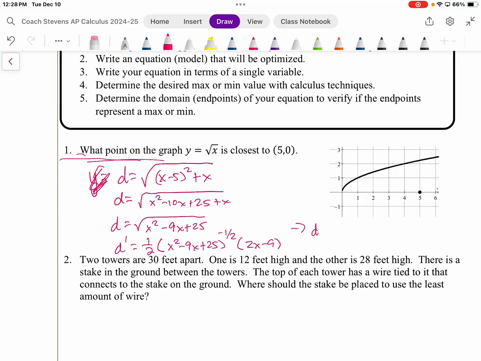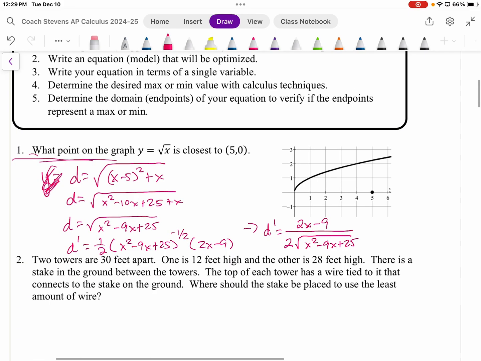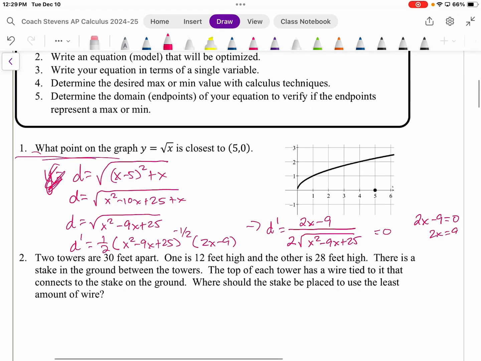D prime equals, on top, 2x minus 9, and on the bottom of the fraction, 2 square root of x squared minus 9x plus 25. Now we have to set that equal to 0 and solve. I only have to worry about the numerator. What makes the numerator 0? Well, 2x minus 9 equals 0, so 2x equals 9. X has to equal 4.5.